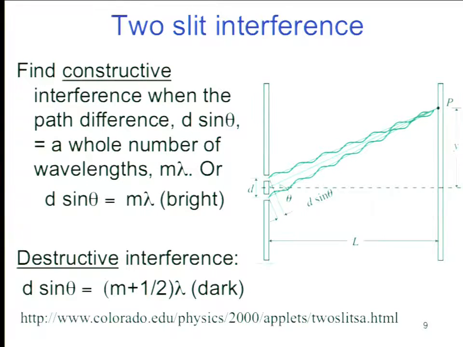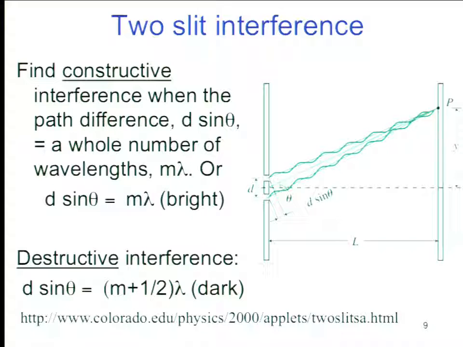Now, if delta R is 2 lambdas over 2, so here you will get a minimum, or what we call destructive interference. If delta R is equal to 2 lambdas over 2, that will be equal to lambda. So one wave will be delayed by just one wavelength. It'll be back in step, so you're back in step with this one. So this will give you a maximum.